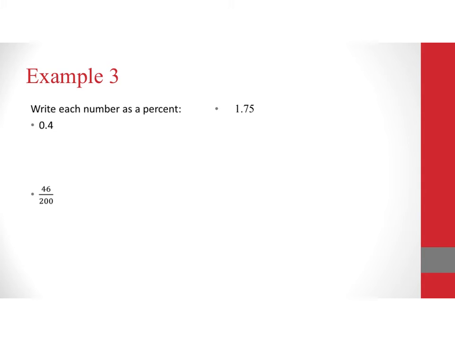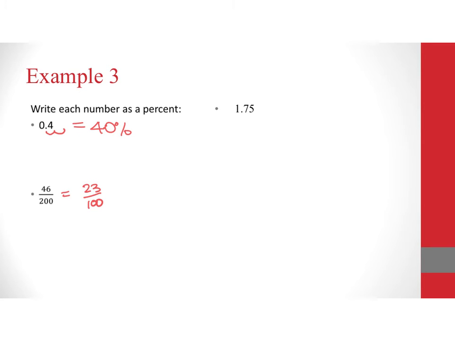So for example 3, we're going to write each number as a percentage. I'm starting out with 4/10, which means I'm going to move my decimal place 1, 2, and this is going to give me 40%. 46 divided by 200 will actually simplify down to 23 over 100.